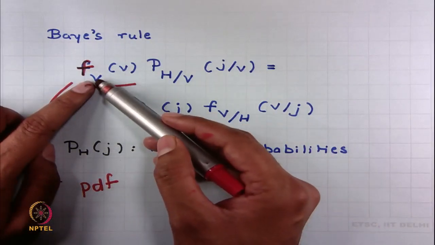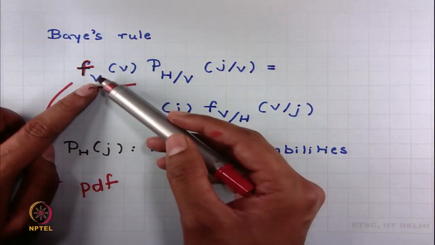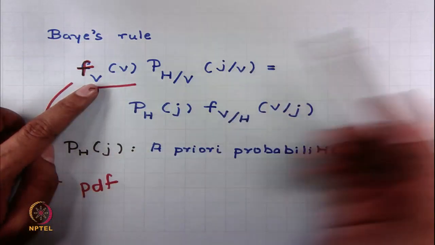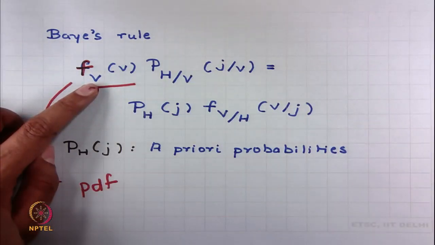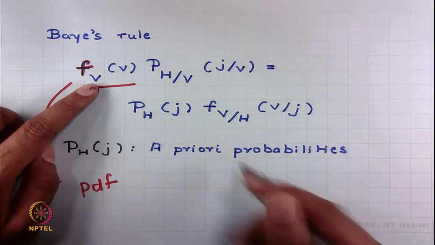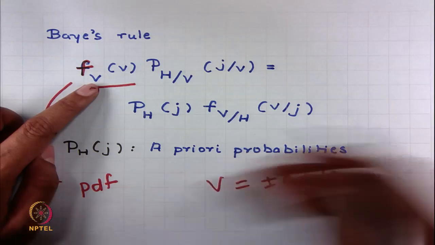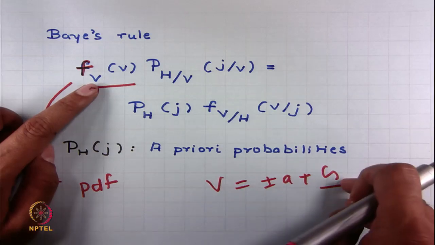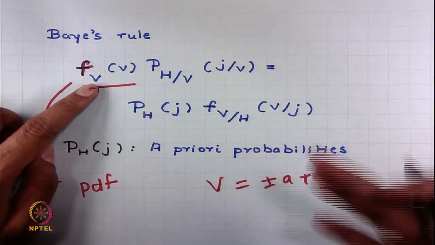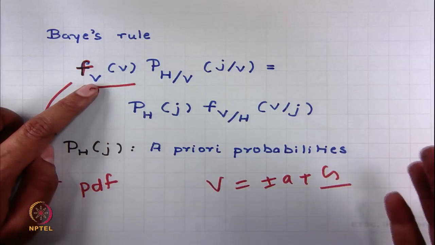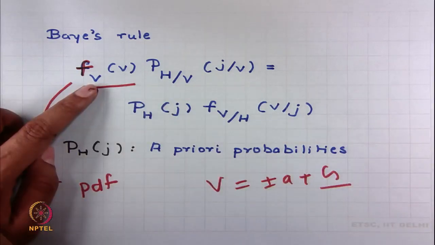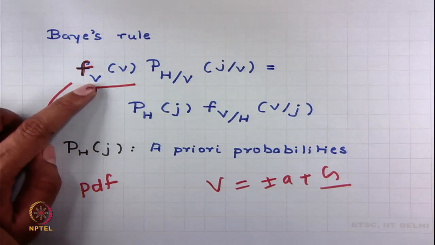V is a random variable, it is an analog random variable, that means it can take any value, it is not confining itself to a discrete set. Why? Because what is V? It is plus or minus a plus g, it is a Gaussian random variable, and this Gaussian random variable comes because of a Gaussian noise. Noise can have any amplitude levels, and this V is an analog random variable, or a continuous random variable as we have said, and thus we have the probability density function in there.